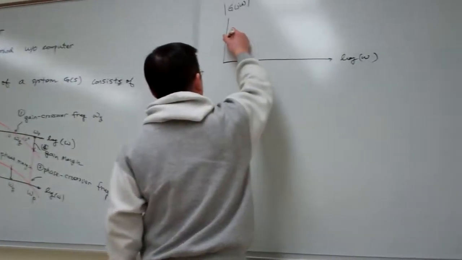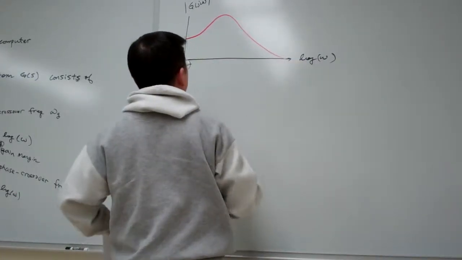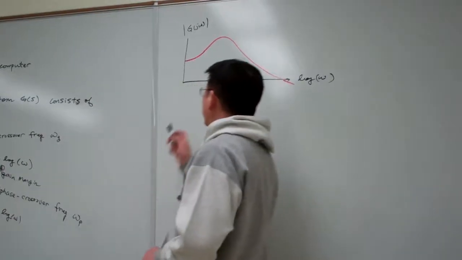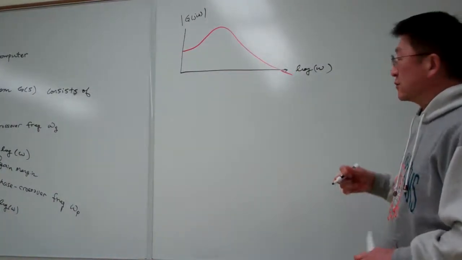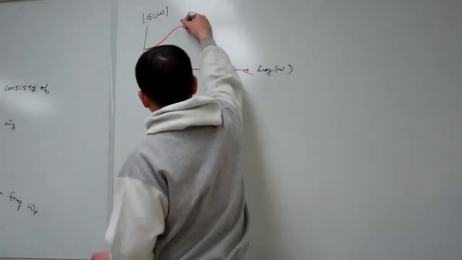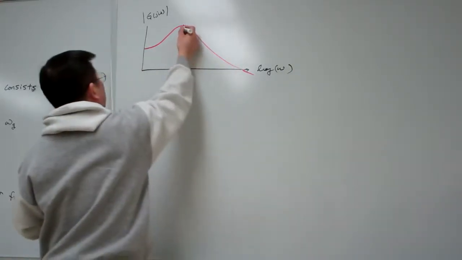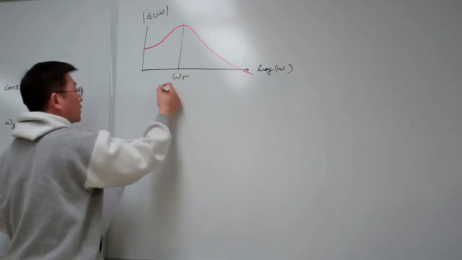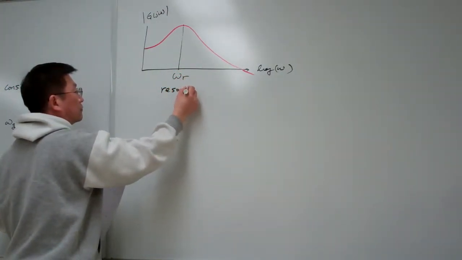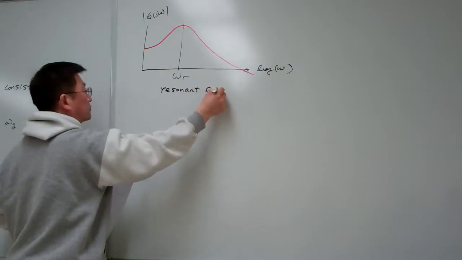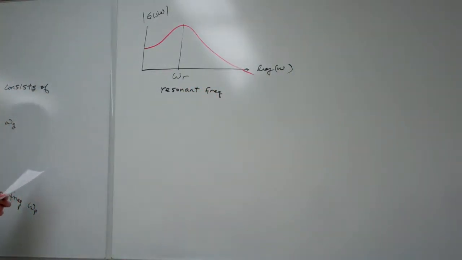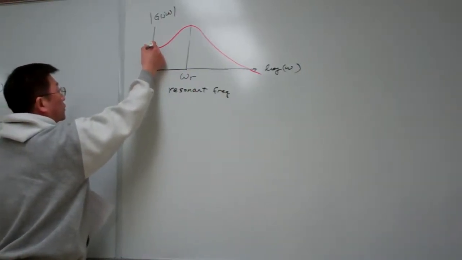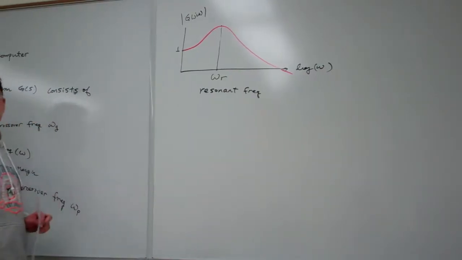For example, if the system is something like this, going down here, and if the system behavior has a peak at a certain frequency here, then here we define it as omega r. That means the resonant frequency. And usually at very small omega, that magnitude is equal to 1.